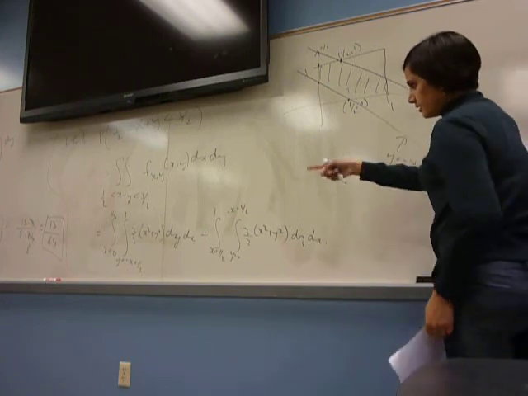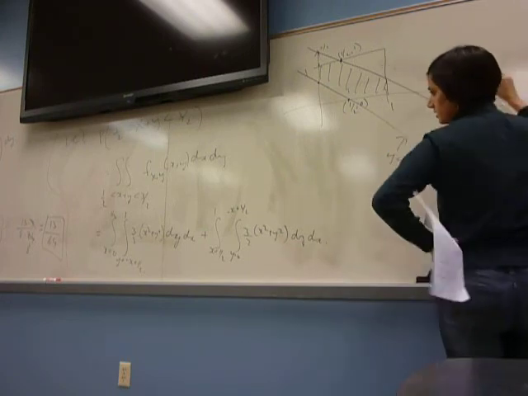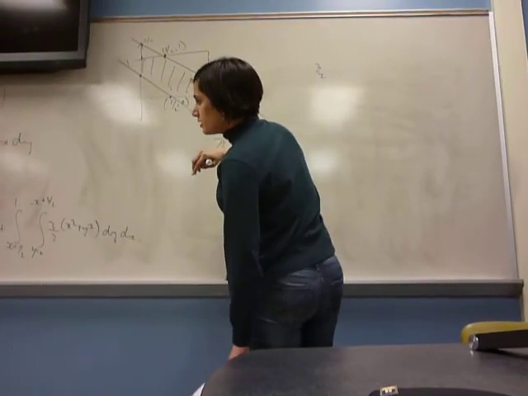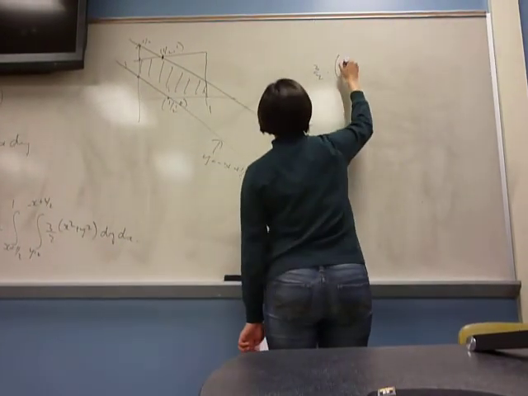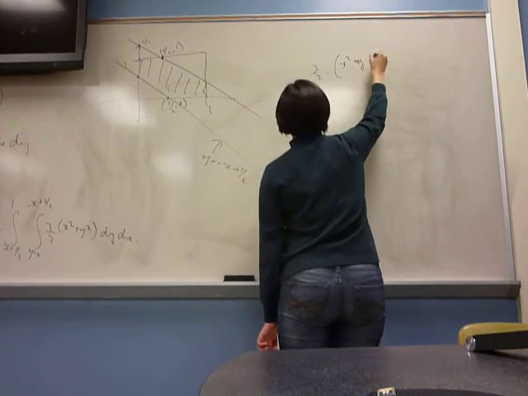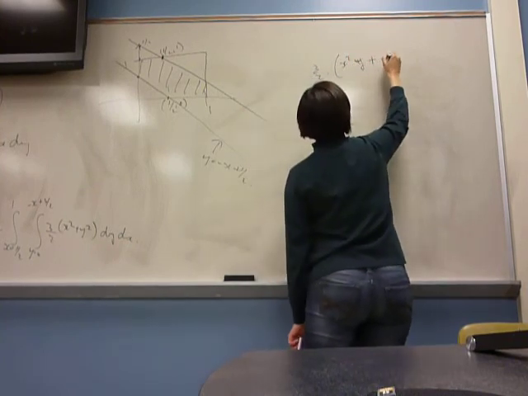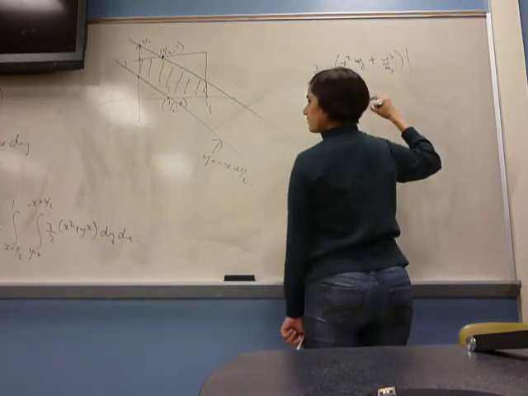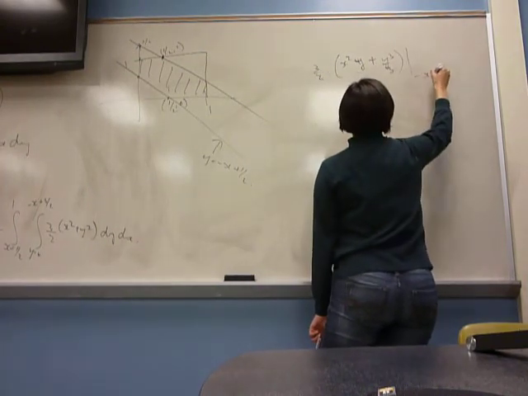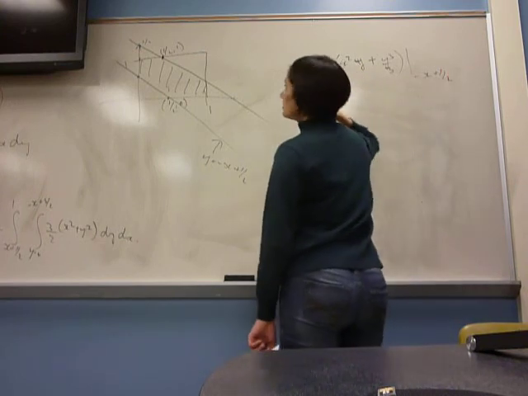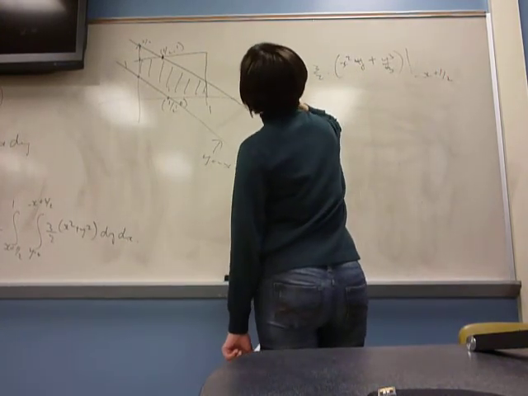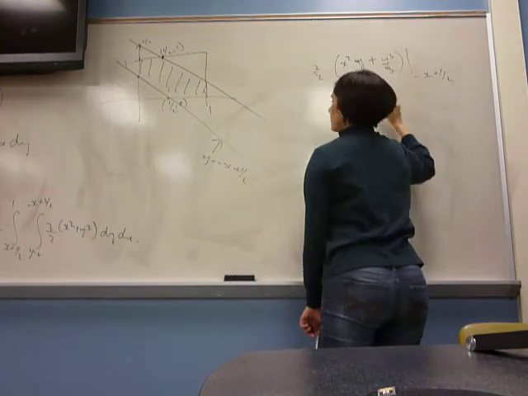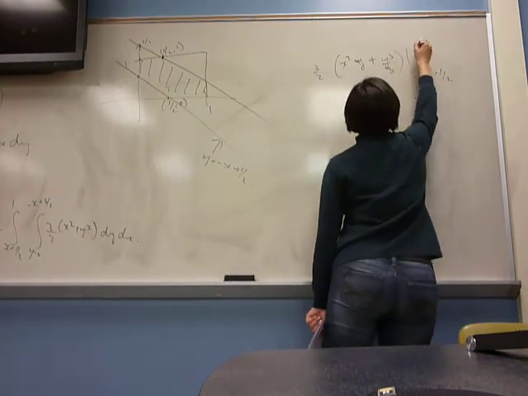Okay, let's do the first integral. First integral, you get 3 over 2 integrated with respect to y first: x squared y plus y cubed over 3, evaluated from negative x plus 1/2 to 1.